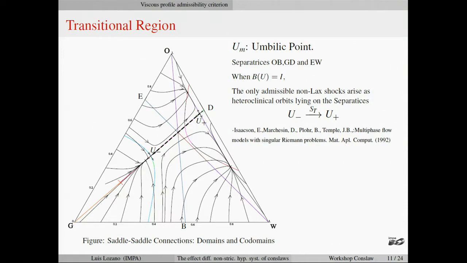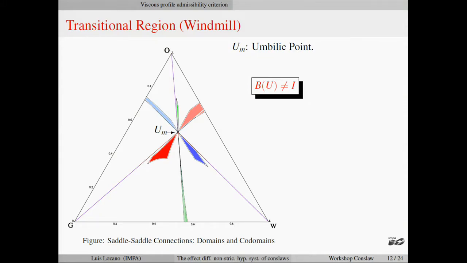But the question is, what happens when you use another viscosity matrix? What is the effect of this? In my work, I have this, which we call the windmill. This is a transitional region, and the region has connections between saddles, but not the whole picture is in between regions.